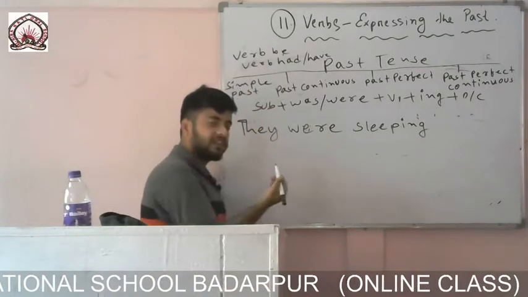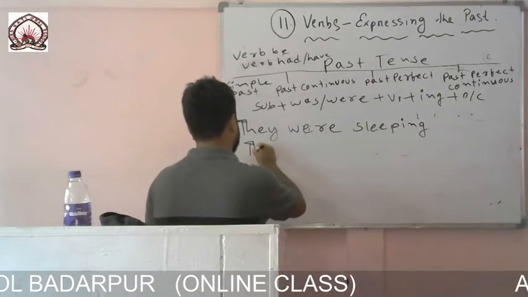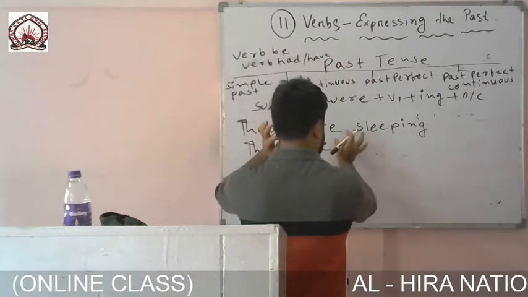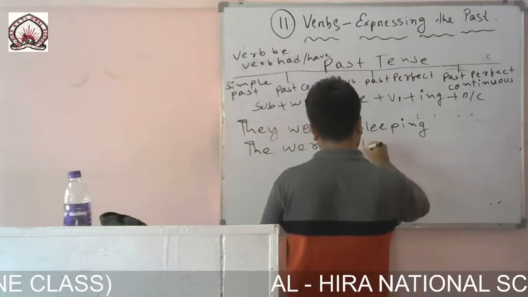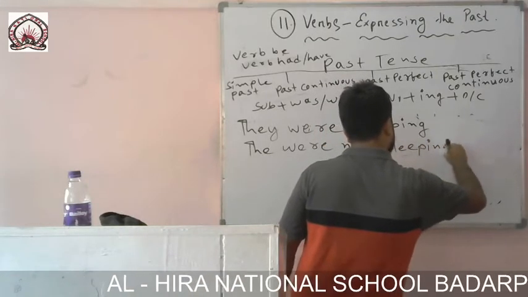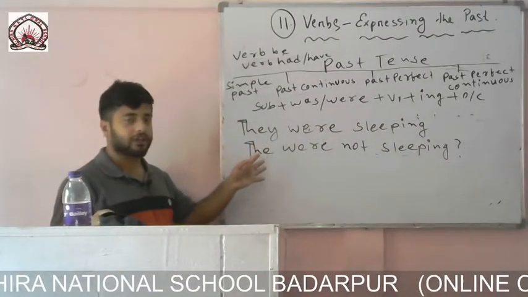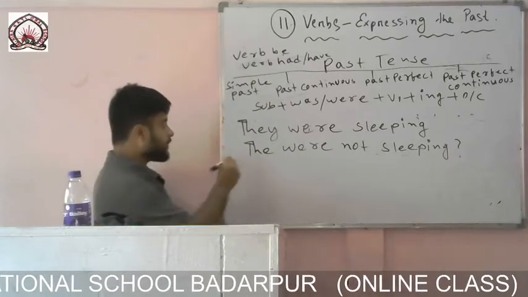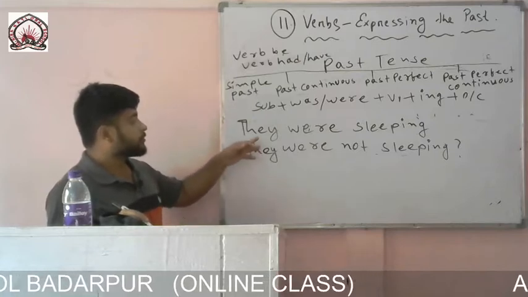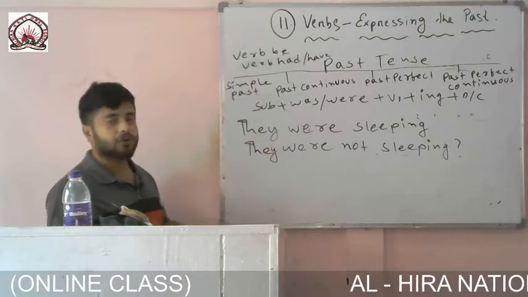Now if I want to change this sentence into negative, what do I have to do? They were not sleeping. After the auxiliary verb were, we write not. If I want to change this affirmative sentence into interrogative, it is very simple: were they sleeping?